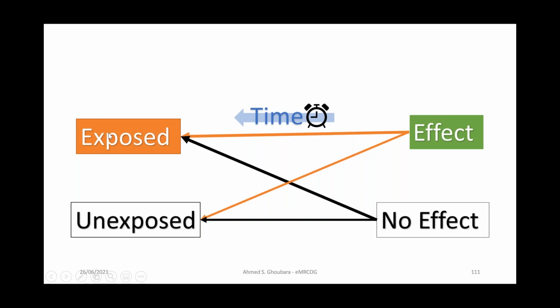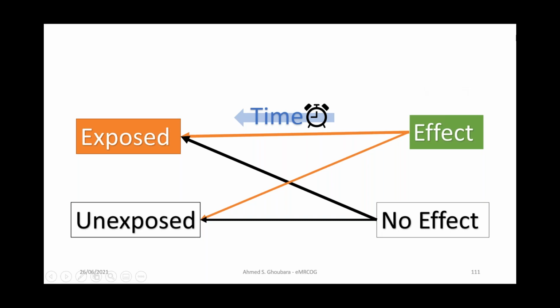If we start with the exposed and unexposed and go prospectively with time to end with the effect, no effect, this is called a prospective cohort. If we start with the disease, like breast cancer, no breast cancer, and go back in time through the case notes, through phoning the patient, through contacting the GP to see if they were exposed or not exposed, if they had used HRT or no HRT at some point in the past, this is called retrospective.